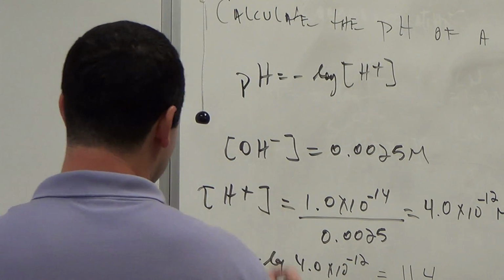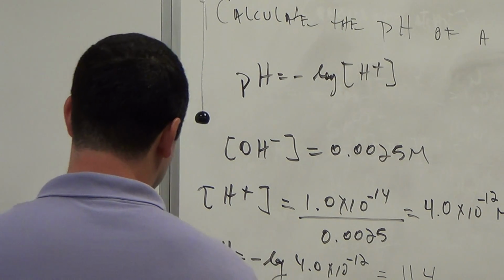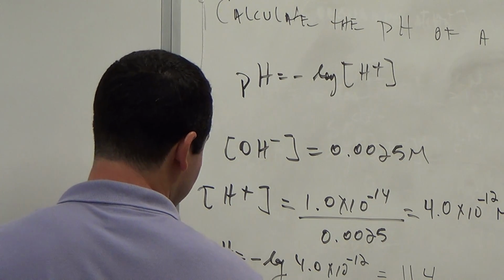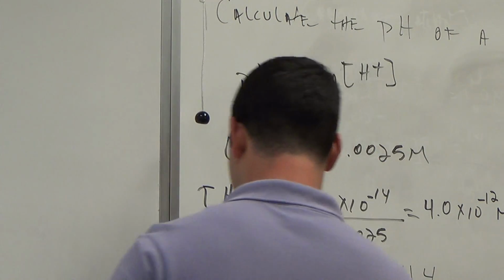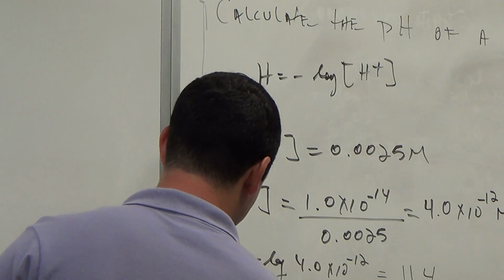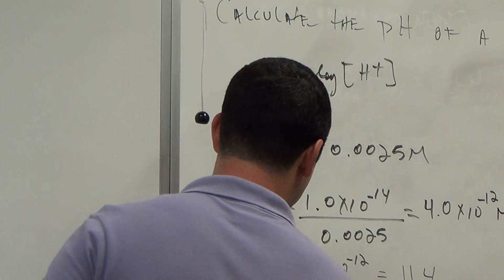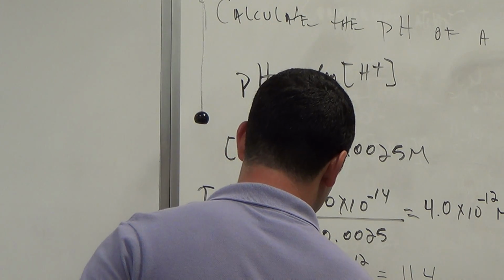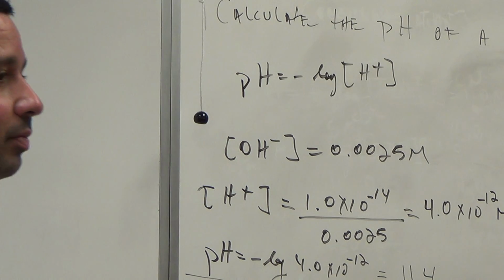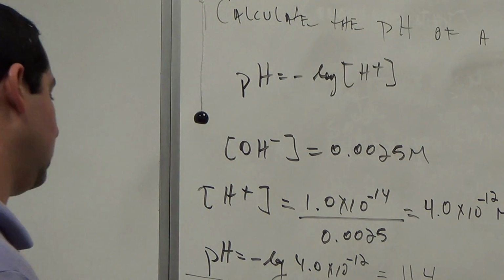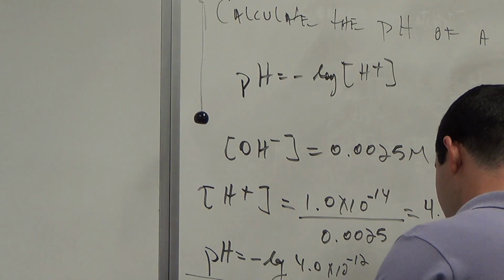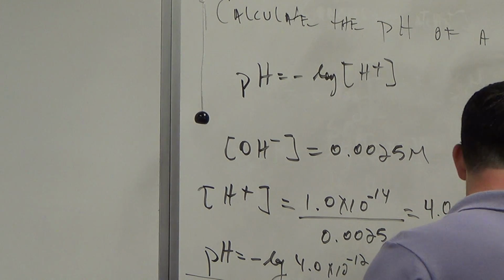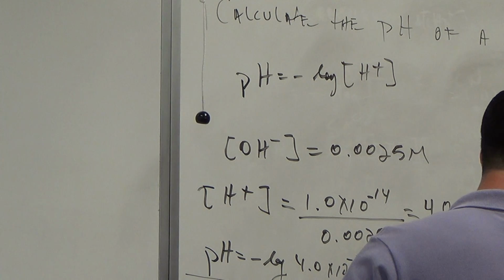Now, we can do it another way, so I'm going to say or. You can say, okay, pOH is negative log of OH minus, yes? I'm going to say pOH is equal to the negative log of 0.0025. What's that equal to? 2.60.